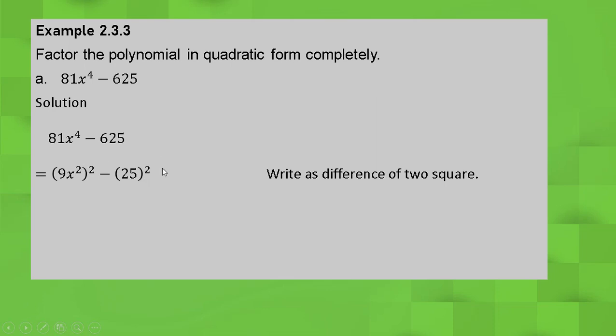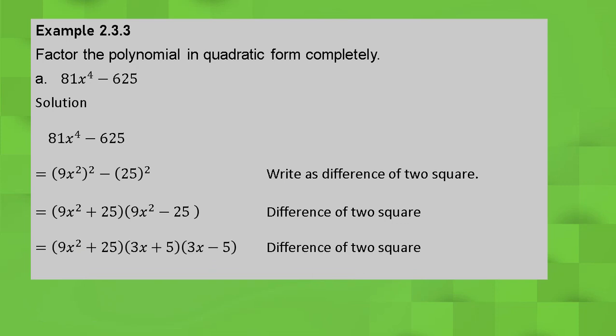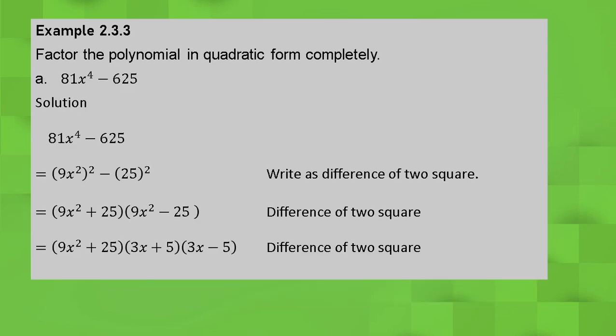So, 25 squared is 625. And then, the difference of 2 squares: 9x squared plus 25, 9x squared minus 25. Okay, difference of 2 squares. Kaya 9 ug 25 are perfect squares. Okay, so wala na siya gibalik-balik. Okay, mao naman siya 3x plus 5, and then 3x minus 5.